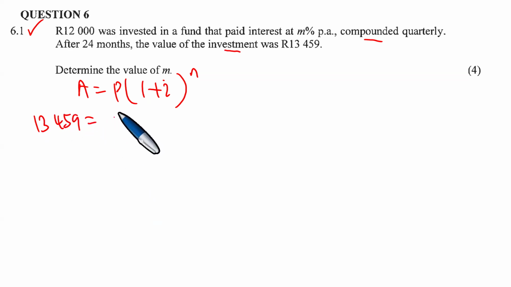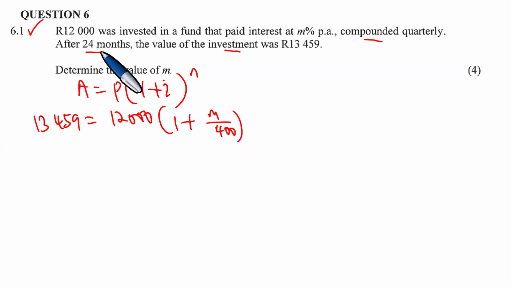The present value that was invested was 12,000. The interest rate would therefore be M, but because it is a percent, you divide by 100, and since it is compounded quarterly, that is 400.